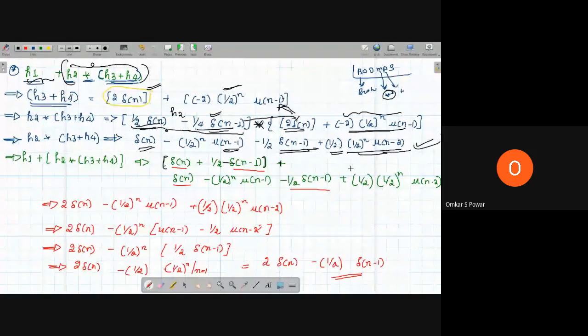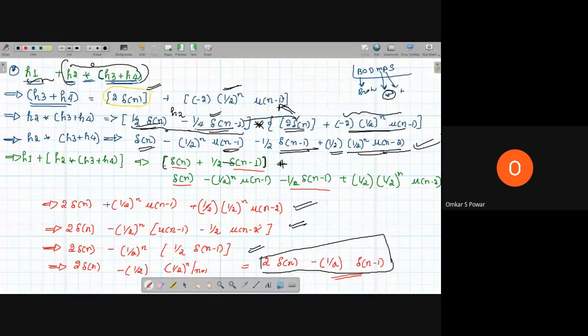So you add those terms, you will get the final expression as 2 into del of n minus half into del of n minus 1. So this adding I have done here. So you can refer to this PDF which I'll post in your Moodle account. Please check that. This thing is simple, so I'll not do that. So you'll arrive at the answer.